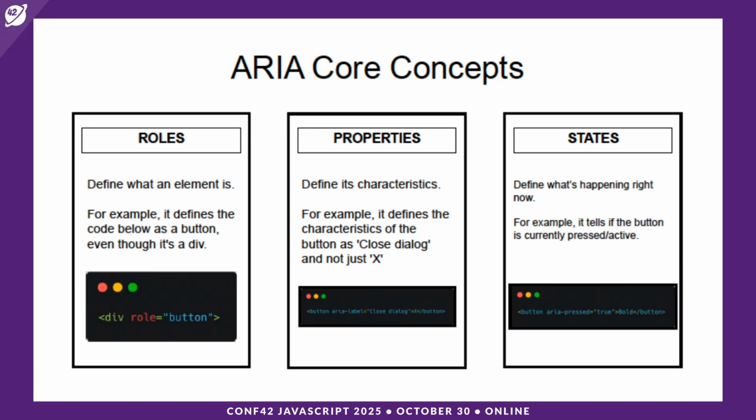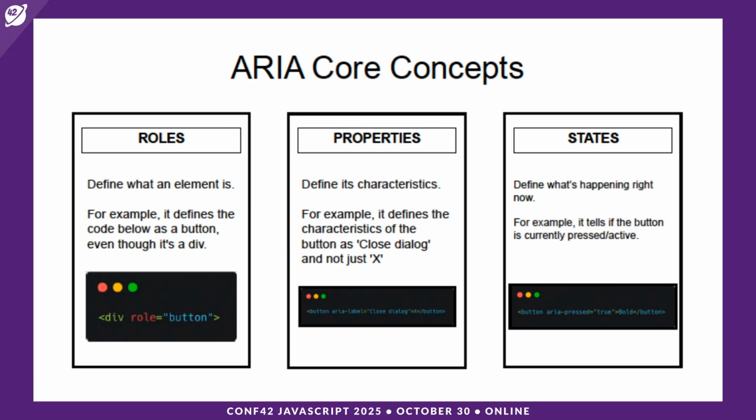That kind of description, the more details you add to your elements, that's where the property concept comes in. So for example, in this code, the button is given a property of ARIA label, and we're telling it that, oh, this is a closed dialog, all right?